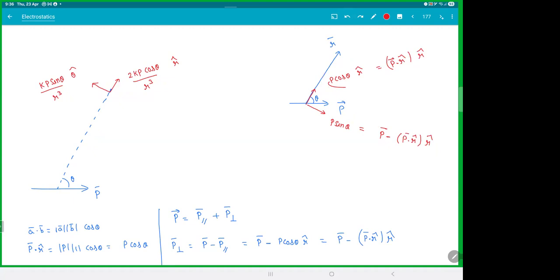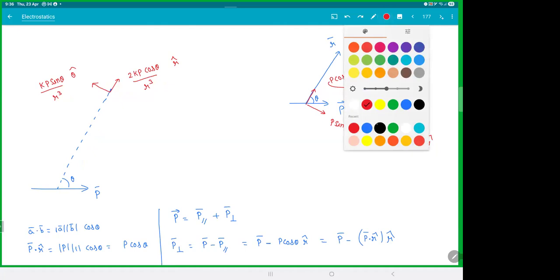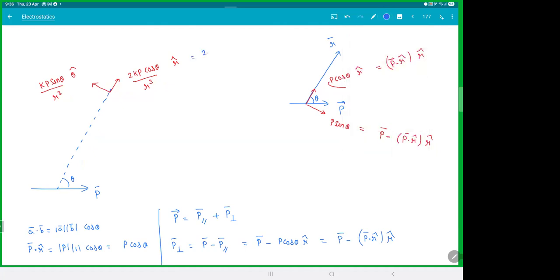Now take these vectors and dump them in this. This can be written as 2k p cos theta becomes p bar dot r cap into r cap by r cube. And sine theta becomes that perpendicular vector. I'll name them p parallel and p perpendicular. But this vector is opposite to the perpendicular, so this can be written as minus k p perpendicular theta cap by r cube.